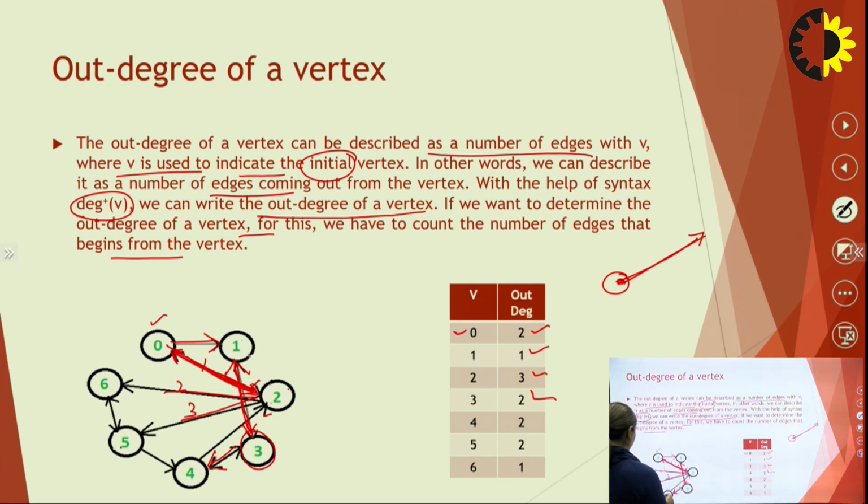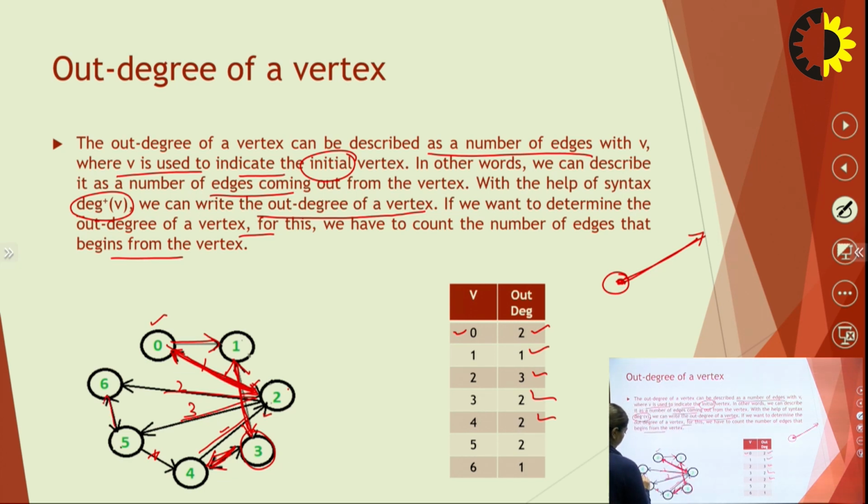Now come to 4. 4 again, this edge will be counted in case of 4 also because it is bidirectional. Then this edge, this is moving out from 4. We will not count this edge because this is coming towards 4 and it is not bidirectional, right? This will be counted and this will be counted. That means the out degree of 4 is 2, right? Now come to 5.